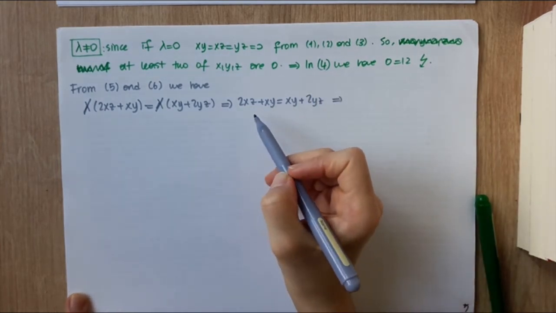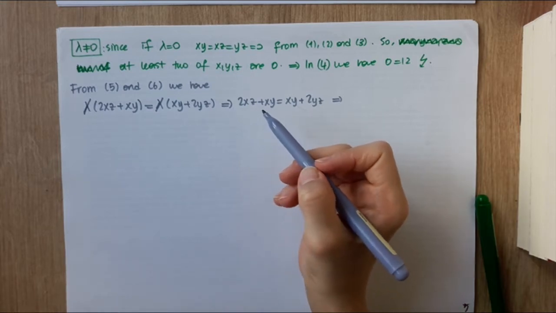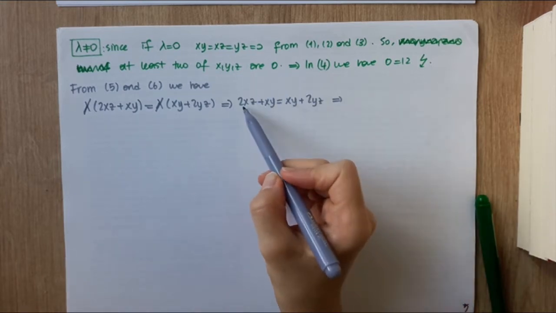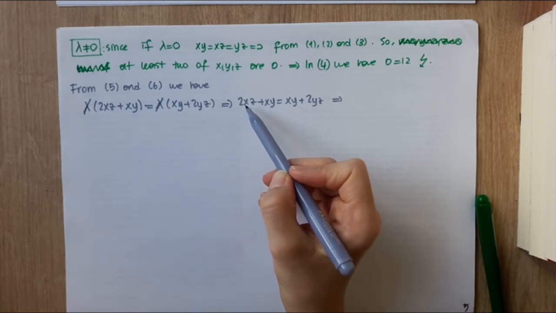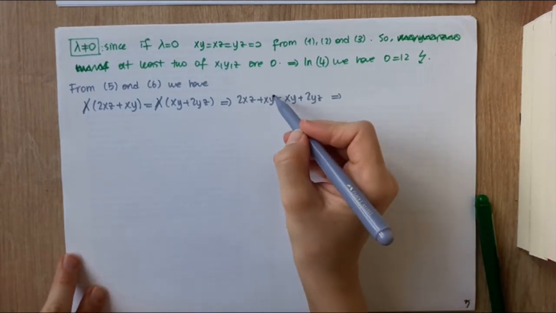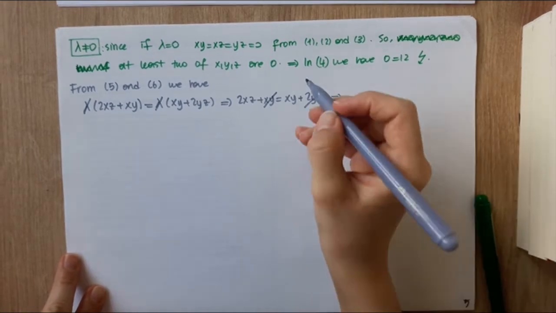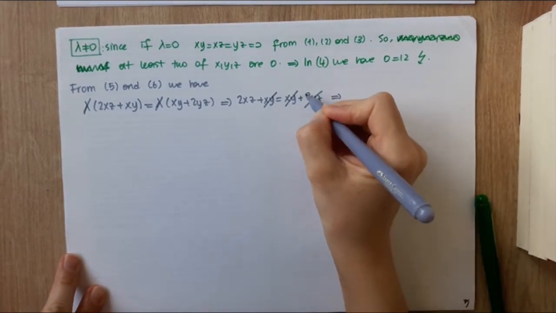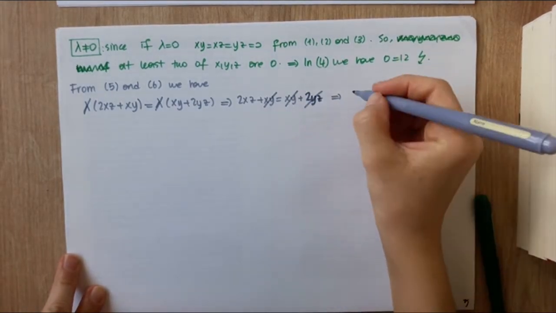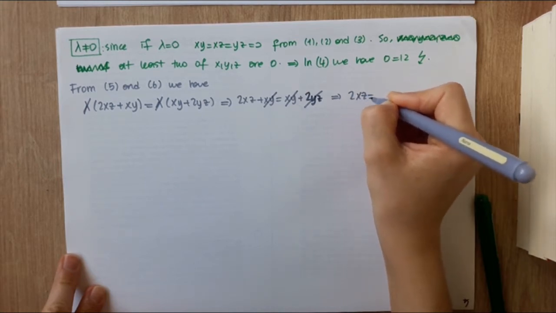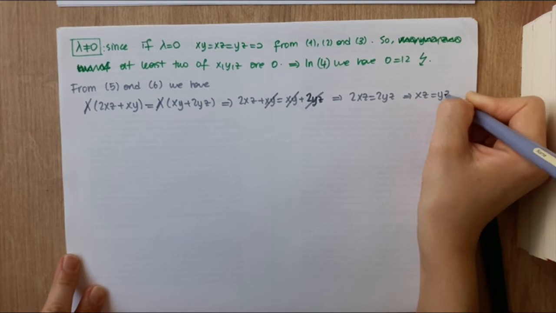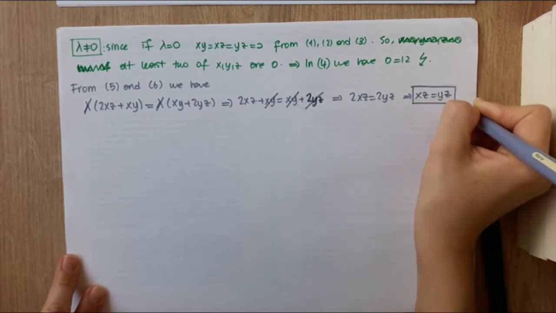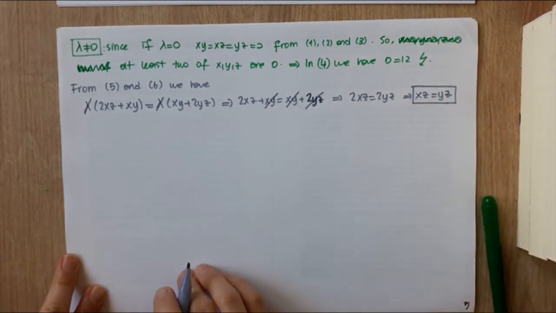Here I can cancel the xy's. The yz still remains. So I have 2xz = 2yz, which means xz = yz. Okay, we have this first of all.